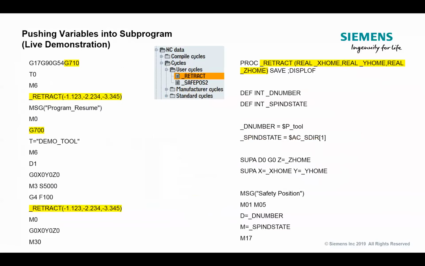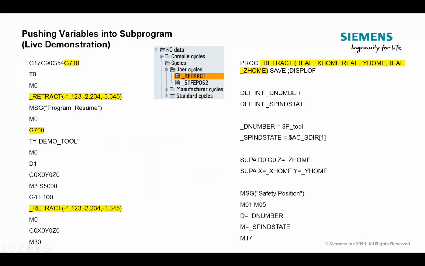So if we look at it here, on the left is the main program. So it's going to change a little bit because now I'm going to use the cycle name, and I'm not going to use the M code anymore because I want to push in a comma delimited string. So I'm going to take that cycle, and I'm actually going to rename it retract, and now we're going to add in some functionality to it.